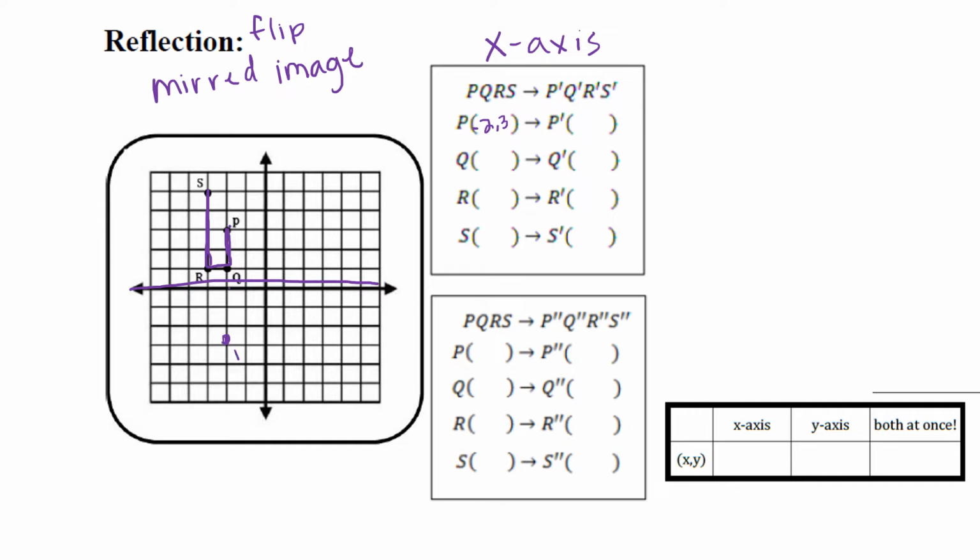And I would label this P prime. Okay, so now I'm going to plot that coordinate point. So that is still at -2, but now it's at -3 on the y-axis.